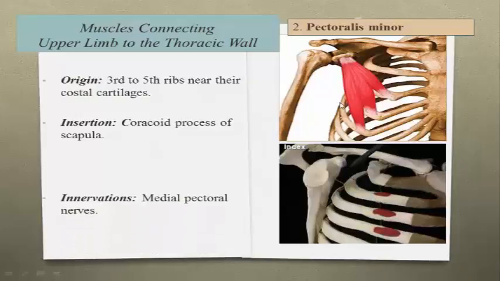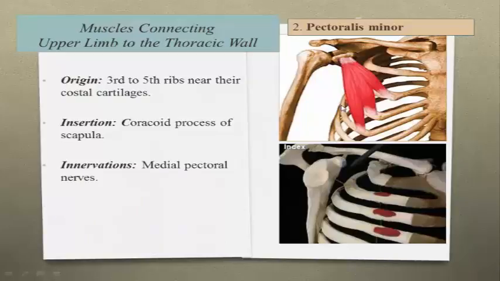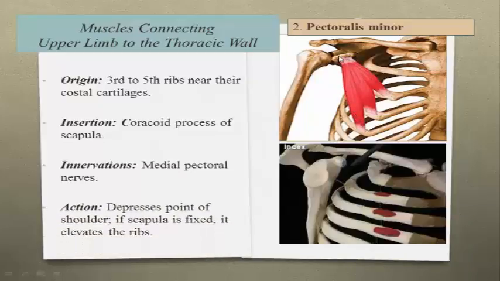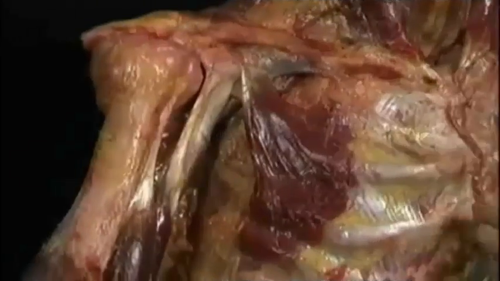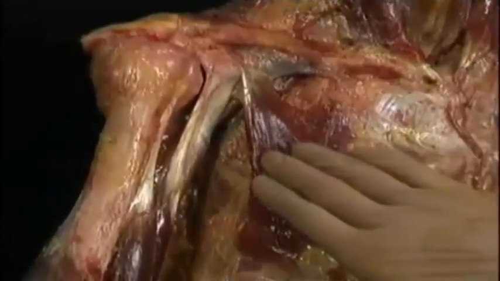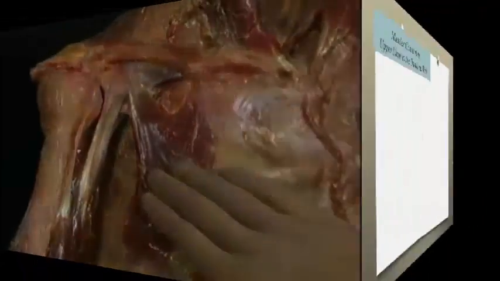Really, this muscle is not very powerful. It is innervated by the medial pectoral nerve, but when all fibers of this muscle contract, it can pull the coracoid process a little bit downward, and we call this movement the depression of the scapula. That means it participates in depression of the shoulder.